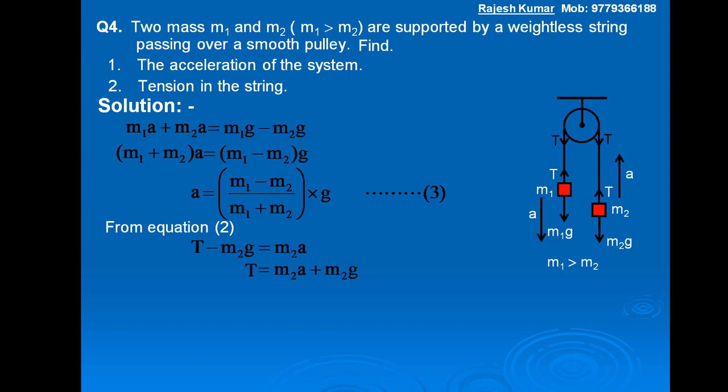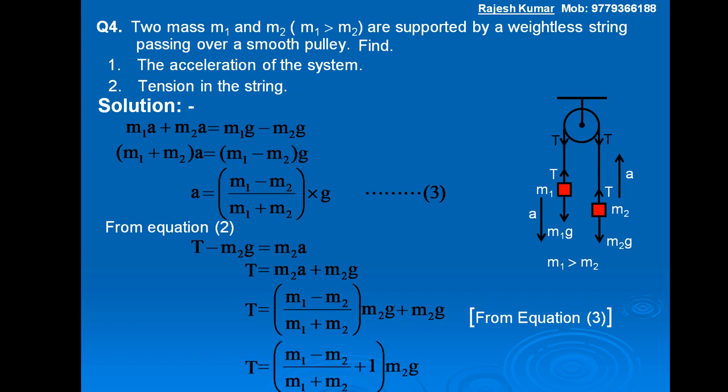Now putting the value of A from equation number 3, so we get capital T is equal to M1 minus M2 upon M1 plus M2 into M2G, from equation number 3 putting the value of A, plus M2G. Now in the right hand side, M2G is common, so take M2G common, so we get capital T is equal to M1 minus M2 upon M1 plus M2 plus 1 within the bracket into M2G.